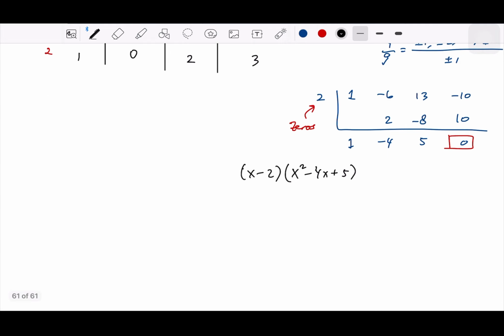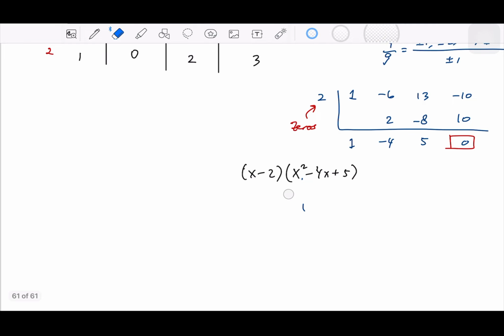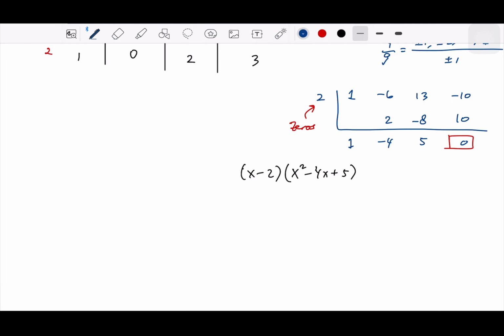Now, can we factorize this further? 1, 5? It's not possible to be calculated.